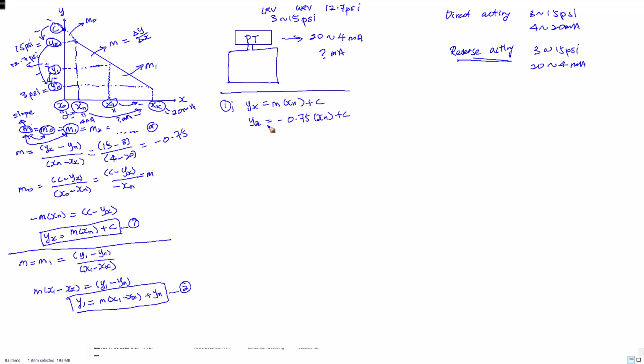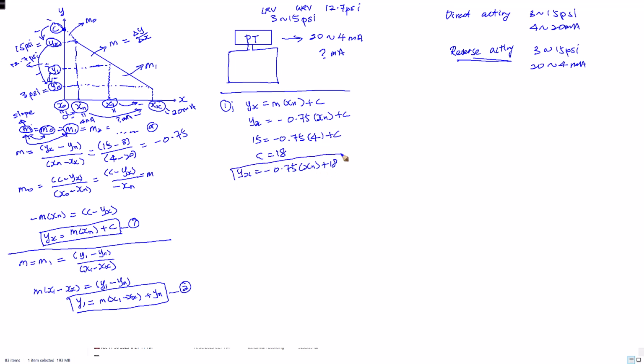We need to find c. yx equal to 15 psi, so 15 equals minus 0.75 times xn, which is 4 milliamp, plus c. Let me calculate. c equals 18. So yx equal to minus 0.75 xn plus 18.